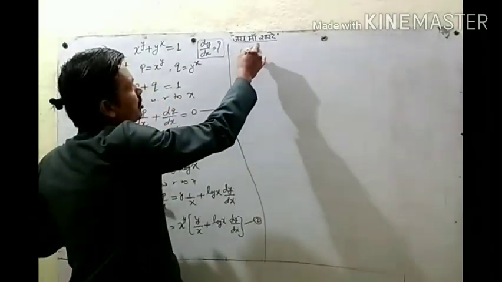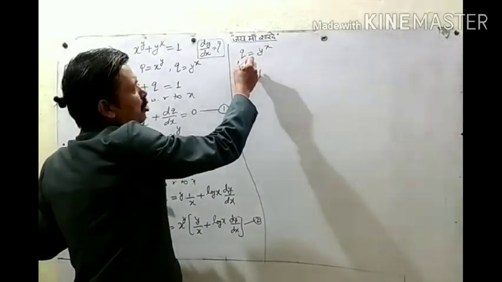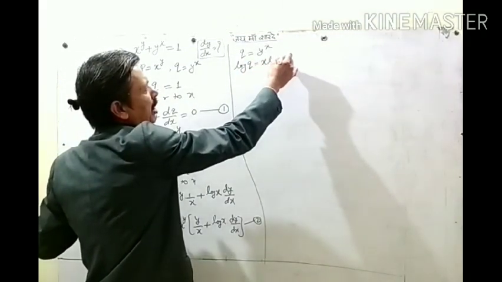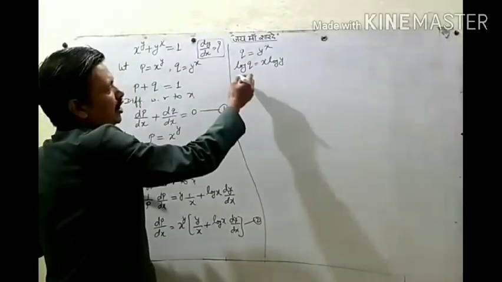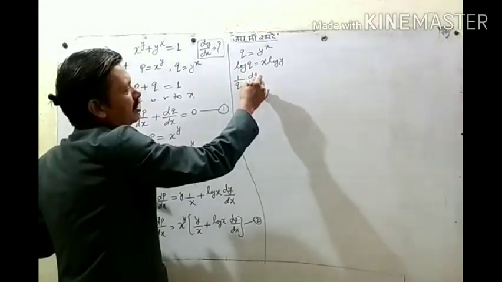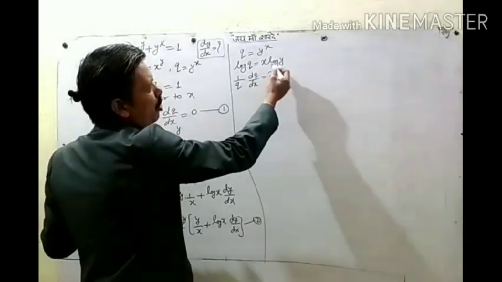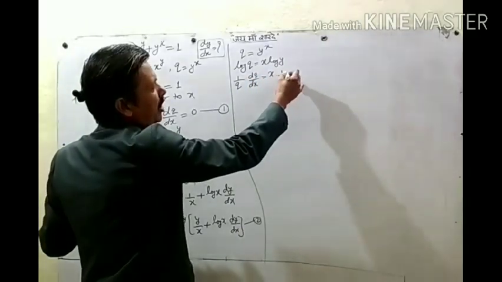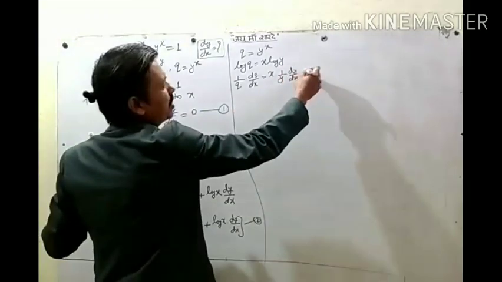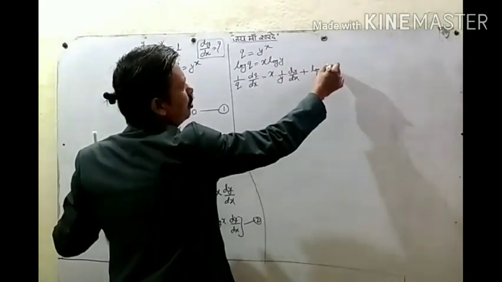Now your q is y to the power x. Taking log on both sides, we get log of q equal to x log y, applying the property also. Then differentiating, we get 1 by q into dq by dx is equal to x as it is, derivative of log y is 1 by y, and y again differentiate, then dy by dx, plus log y as it is, and derivative of x will be 1.